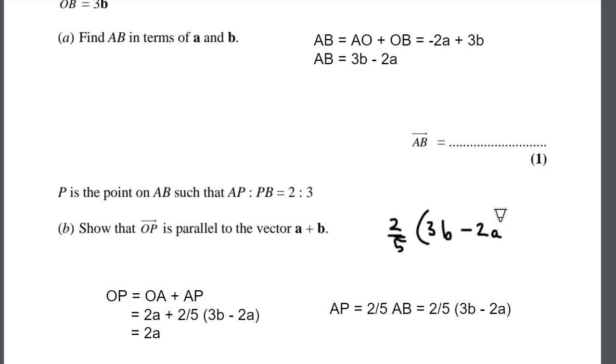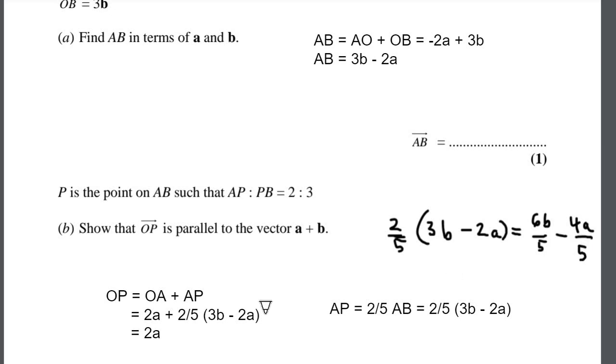If you want to multiply throughout and remove the brackets, you need to do 2 times 3, that is 6, so 6b over 5, and then 2/5 times 2 will be 4a over 5.